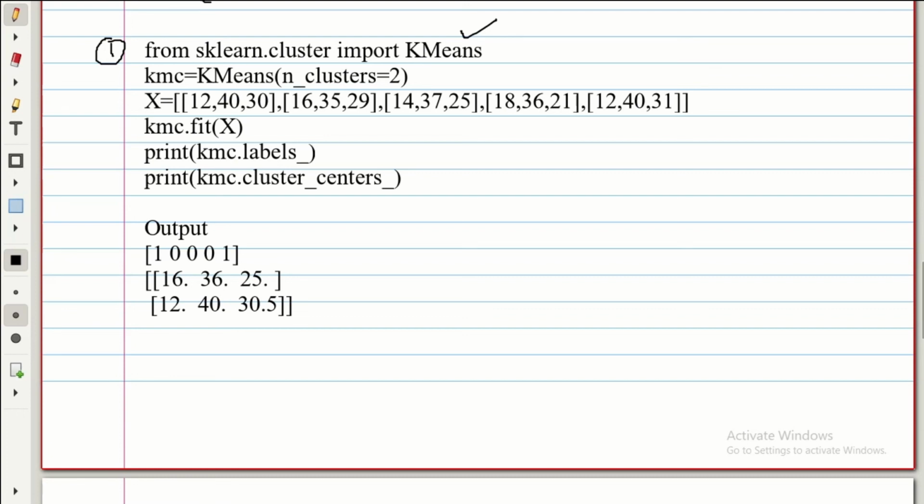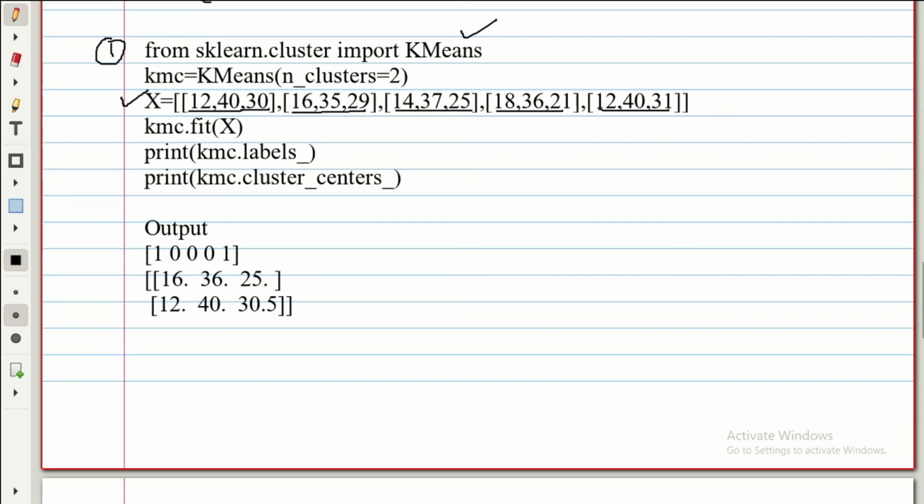Now an instance is created, KMC, K-means clustering, in which we have provided the number of clusters, and we have taken data having independent features, or you can say x1, x2, x3. There is no labeled data, that's why there is not any y variable.